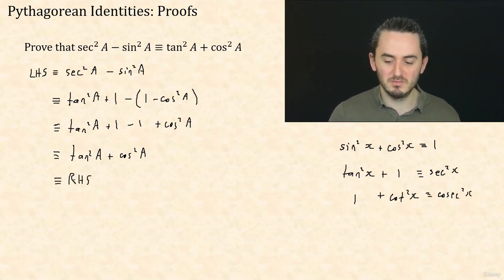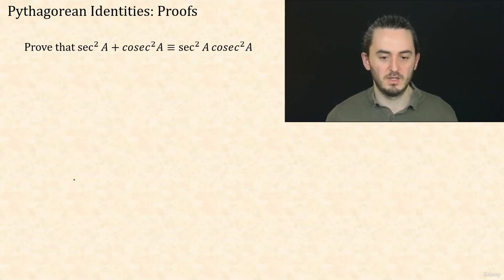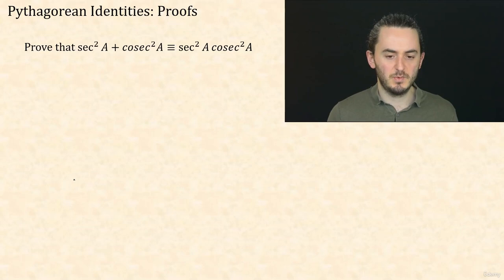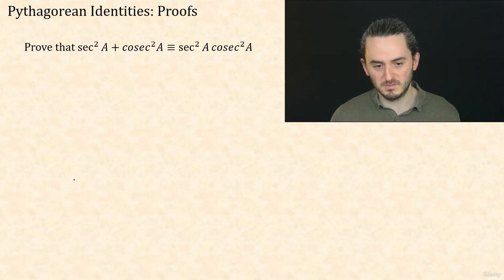All right, let's have a look at more examples. So here we're trying to prove that sec squared a plus cosec squared a is identical to sec squared a times cosec squared a. So we're not really going to be able to just say something on the left equals something on the right, like we did in the last case.